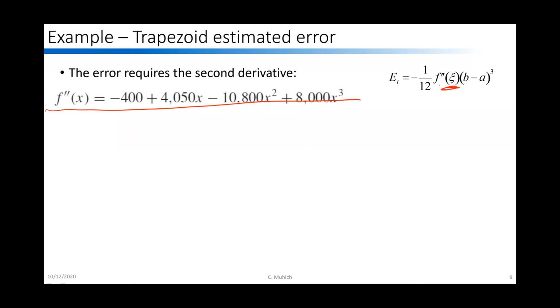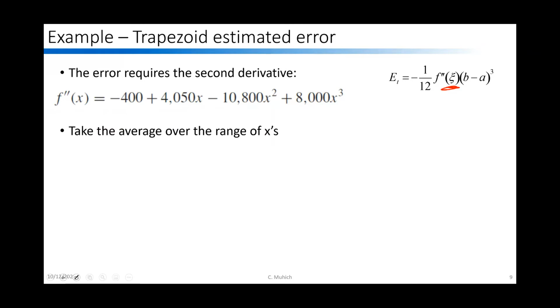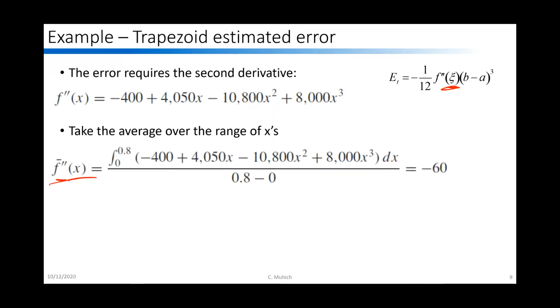The question becomes, what epsilon value should I use? Well, instead of taking any one value, what we could say is let's take the average value of that second derivative. So my average value of the second derivative should be my integral of that function from 0 to 0.8 over the range of x's, so 0.8 minus 0.